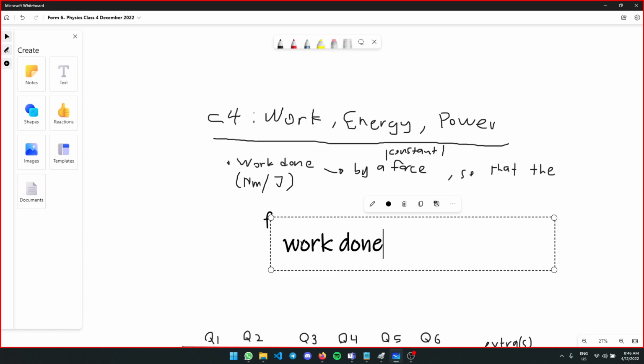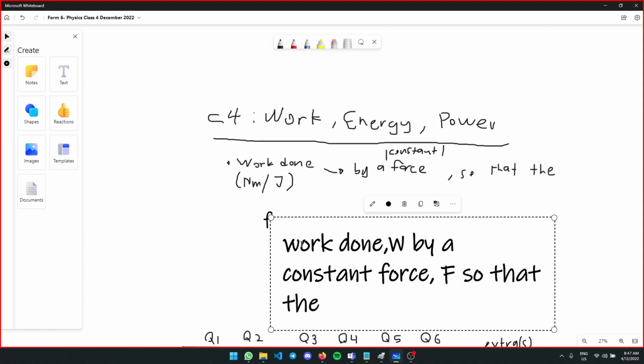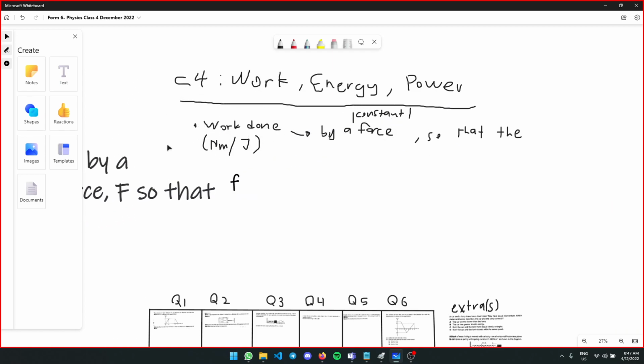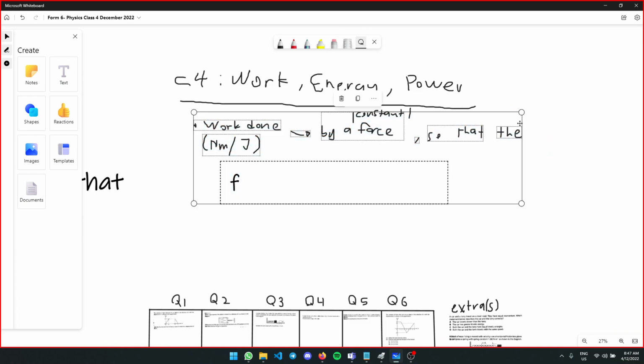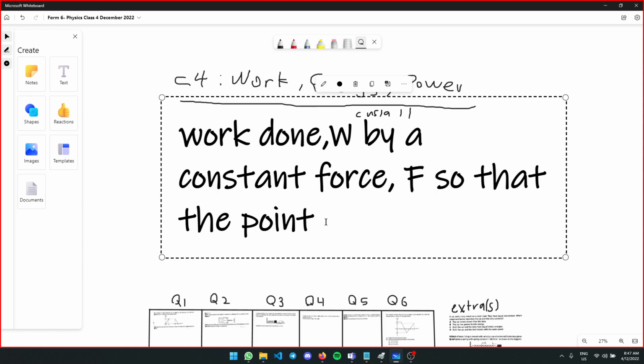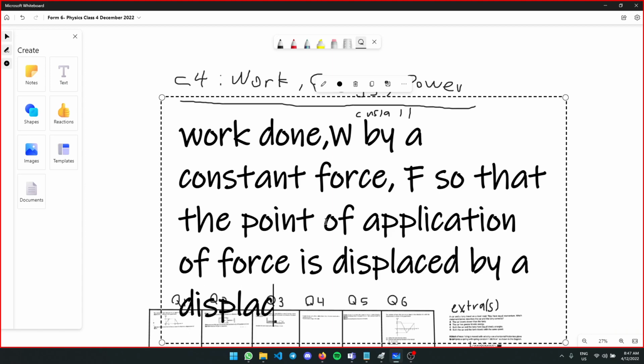So work done, we usually denote work done with W, by a constant force F, so that the point of application of force is displaced by displacement S. So we use S for displacement.